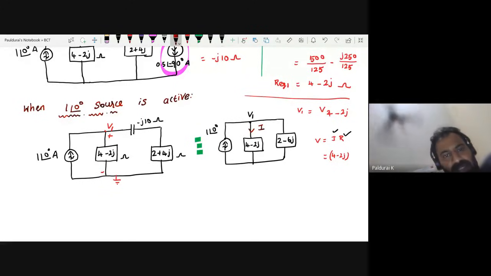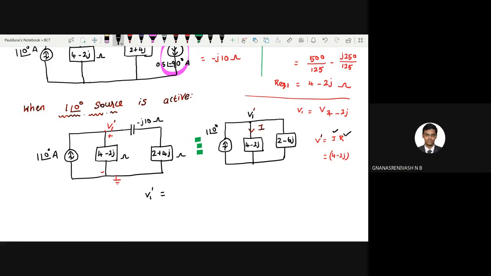Actually this one is V1 dash, for my first circuit. So V1 dash equal to I into R, where R is 4 minus 2j. What is the formula to calculate I? Current division rule.